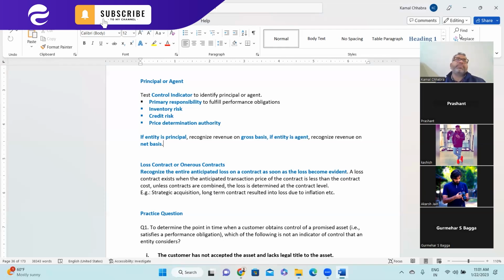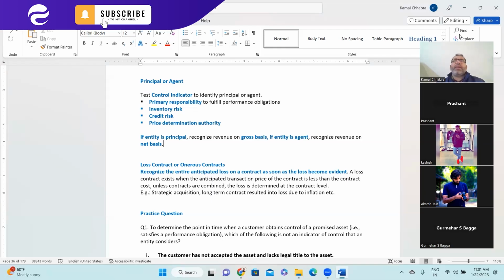They have manufactured a number of LED bulbs which they sell through agents all over the world, and they have given that inventory to the respective agent to keep at their place, and as and when orders come, they will deliver it.